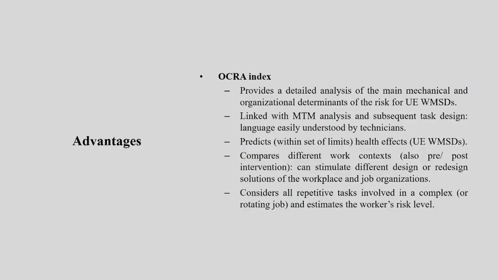Maybe for a single solution you have four varieties of design, and using OCRA you can choose the one giving the best result for better upper extremity musculoskeletal health. It considers all repetitive tasks involved in a complex job and estimates the worker's risk level. These are the advantages of the OCRA index.